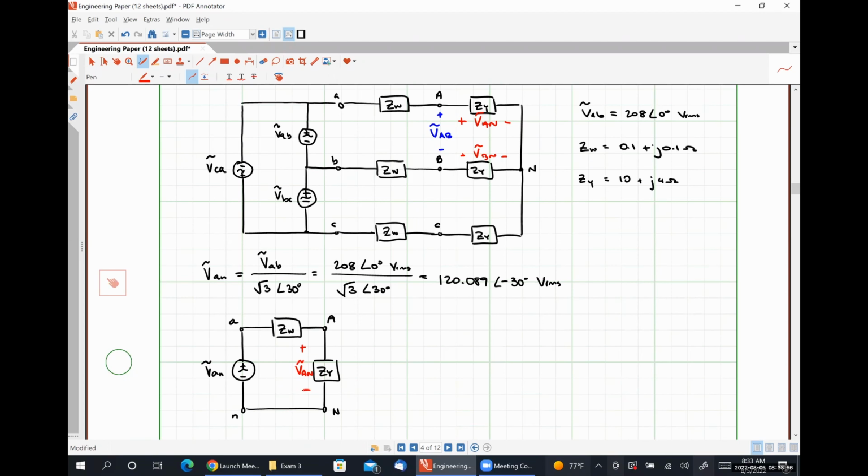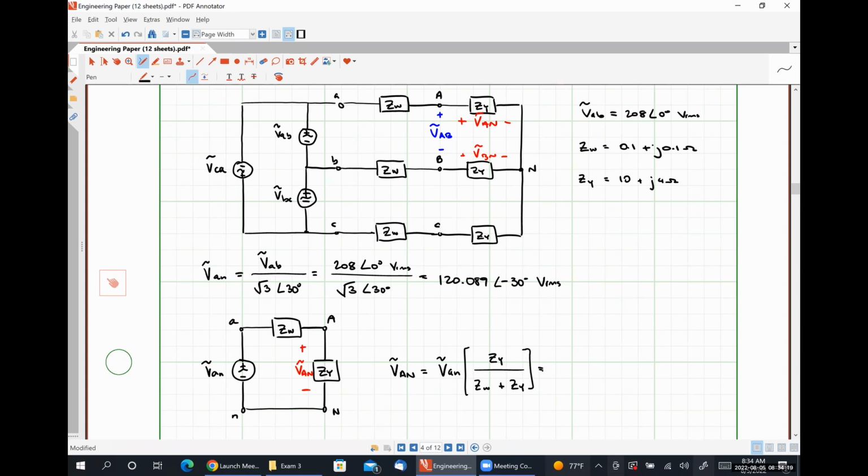So here's the voltage VAN. Using simple voltage division, VAN is going to be lowercase van times ZY over ZW plus ZY.